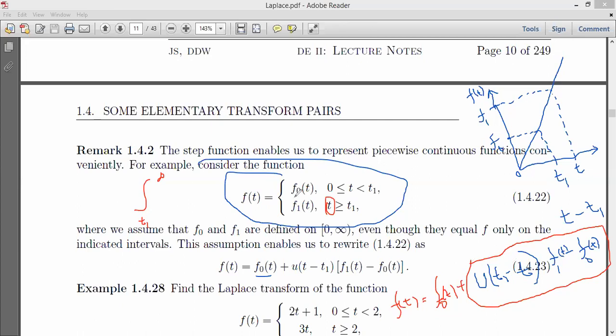So if you have another function, then you do the same. So from this, it is evidently clear, rather now it is obvious from the explanation I've just given, that our f of t now will be given by f naught plus u of t minus t1 into f1 minus f naught.